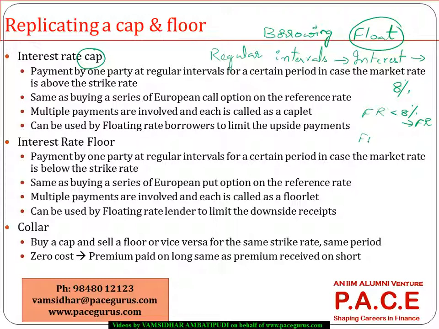But if the floating rate crosses 8%, I'll only pay 8%. That is how, in the crudest sense, I can talk about an interest rate cap in that typical manner, which means it is looking more like a call option itself.